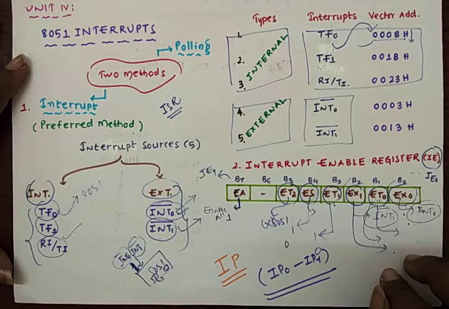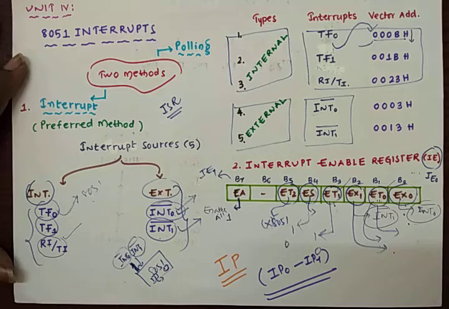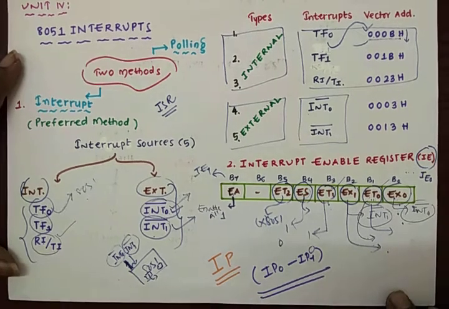So the point to be noted clearly is that a low priority interrupt can be interrupted by a high priority interrupt, but not by another low priority interrupt. This is a key point to be noted.